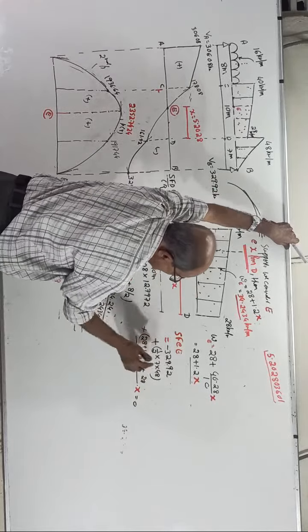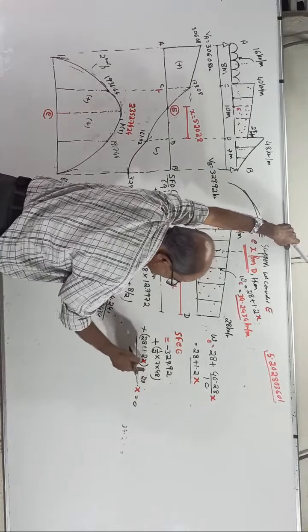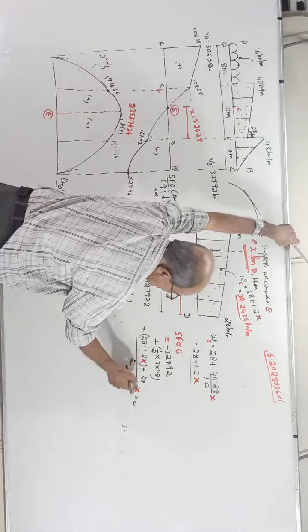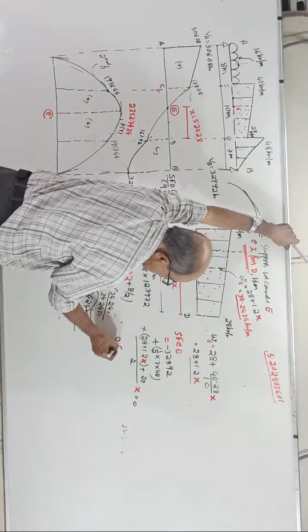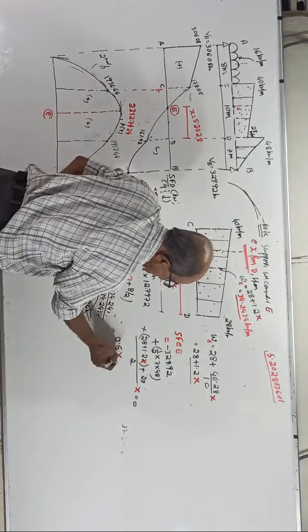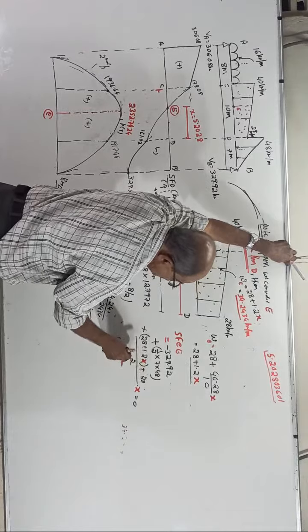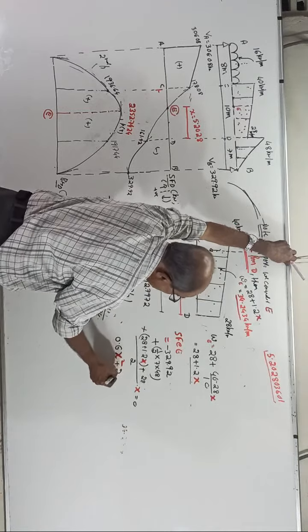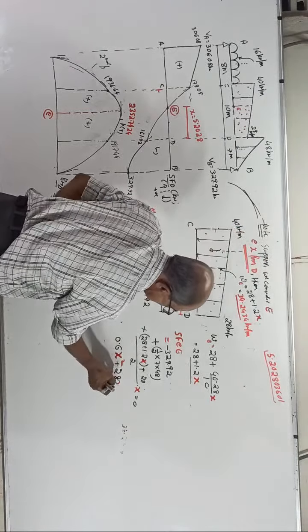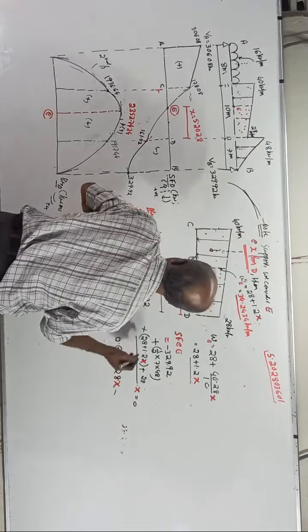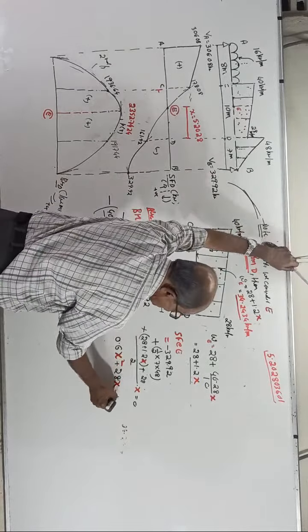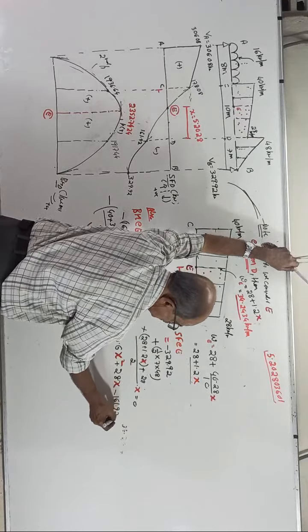You will get 28 plus 28 is 41. 1.2x into x is 1.8. You get 0.6x square. When you simplify, you will get 28 plus 28 is something divided by 28 only. Plus 28 times x minus undoubtedly 161.92 equal to 0.